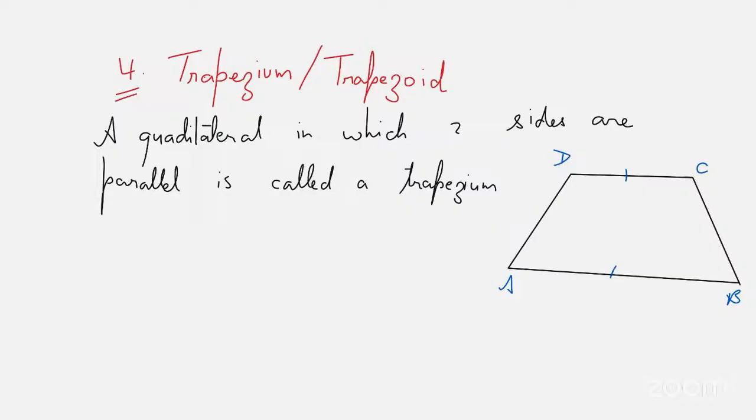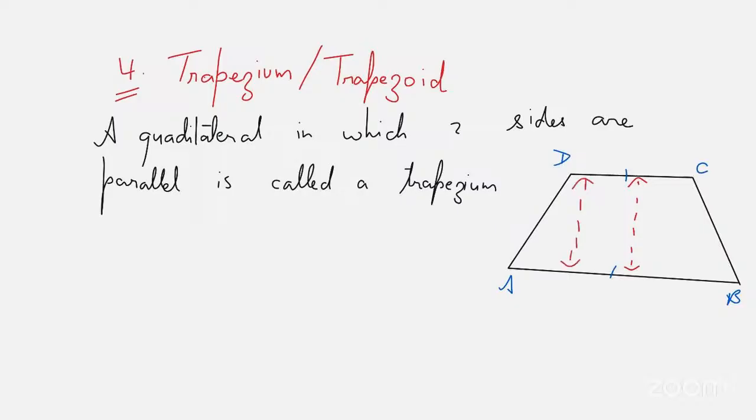Now, when two lines are parallel, the perpendicular distance between them always remains the same. What is the perpendicular distance exactly? Let me show you. Can you see this distance between AB and DC?